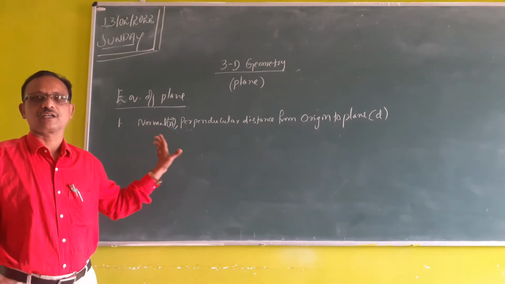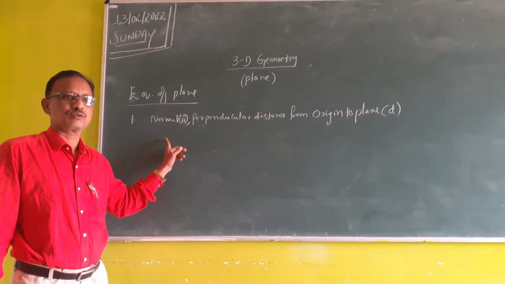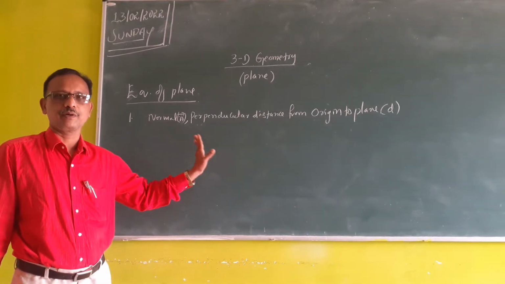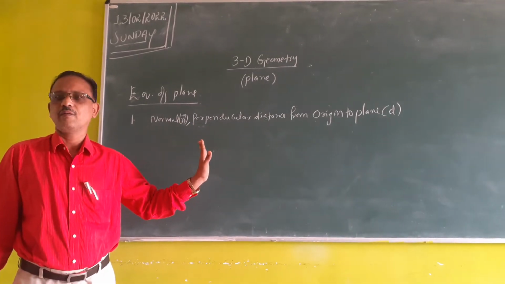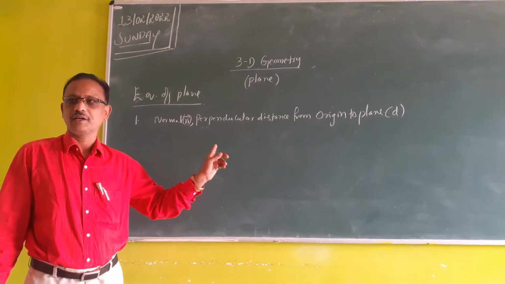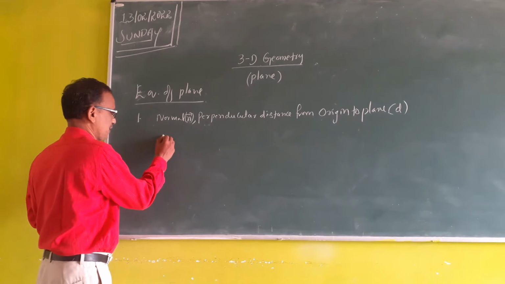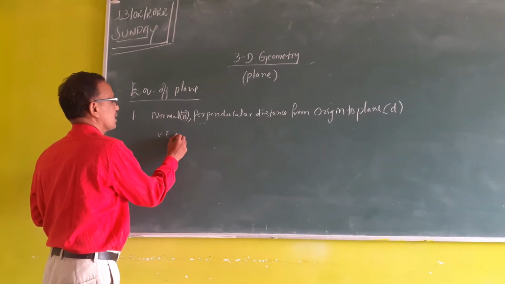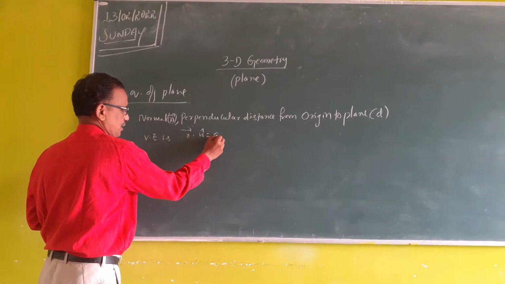When both are given, normal vector to the plane and the perpendicular distance from origin to plane, under this, the equation of plane, vector equation, is r bar dot n cap equal to d.